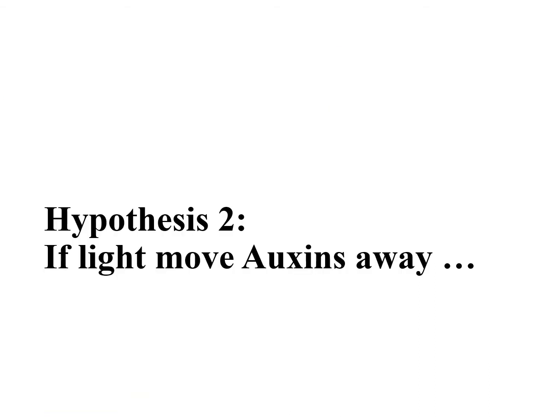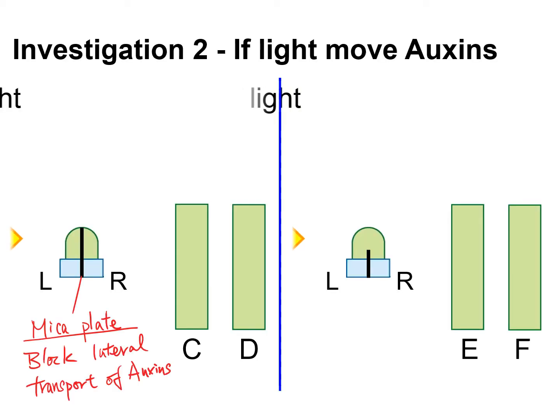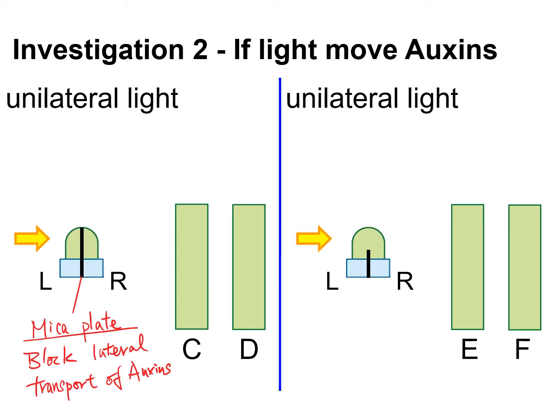Let's take a look at the second hypothesis. If the light moves the auxins away, to check whether light can move auxins away, you need two setups. In the first setup, you have setup C and D. You have the tip right on top of the agar, and in the middle, there is a mica plate, which helps to block the lateral transport of auxin.